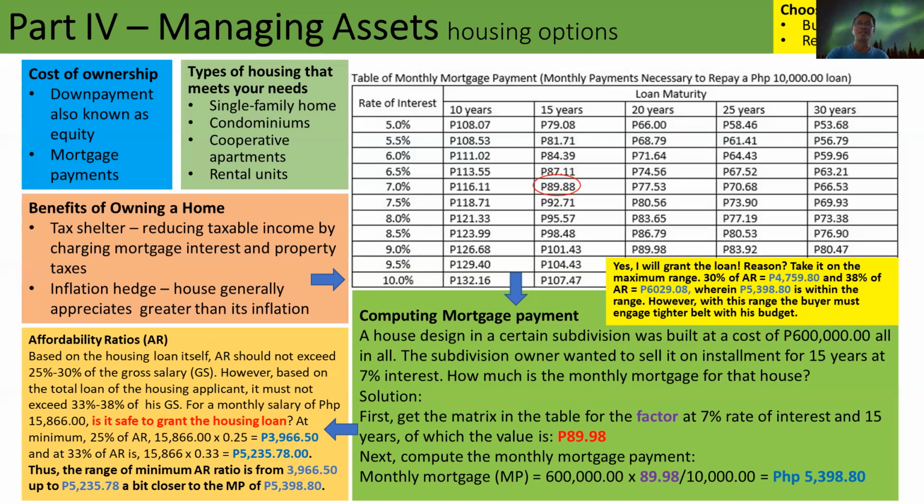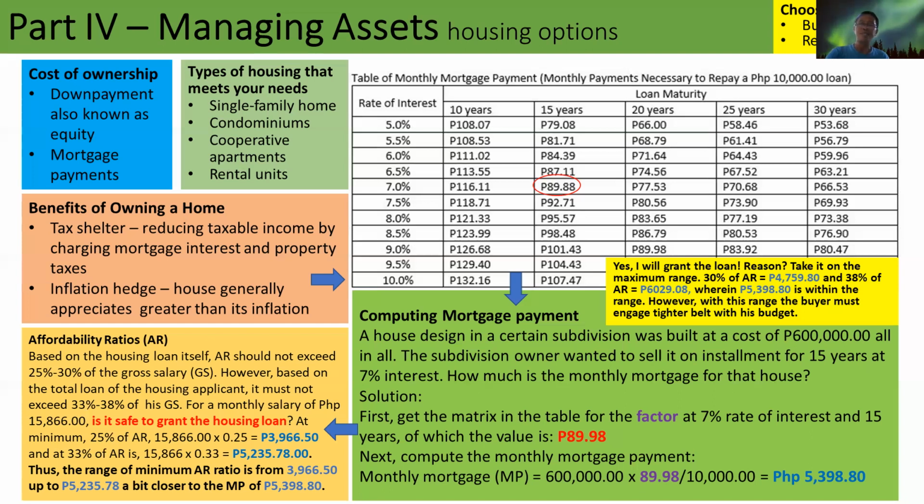Okay, let's have an example. So we'd like to compute a mortgage payment of a house designed by a certain subdivision which was built at a cost of 600,000 all in all. So ang paggawa ng bahay daw, ang cost niya is 600,000.